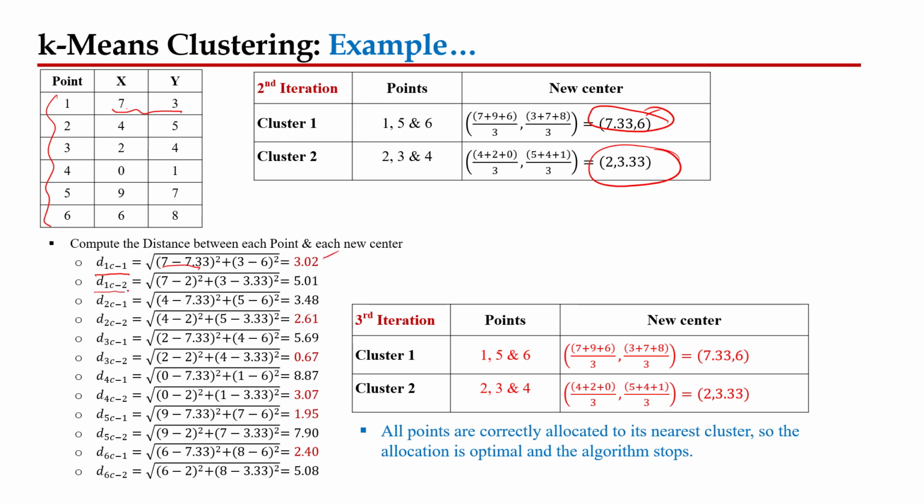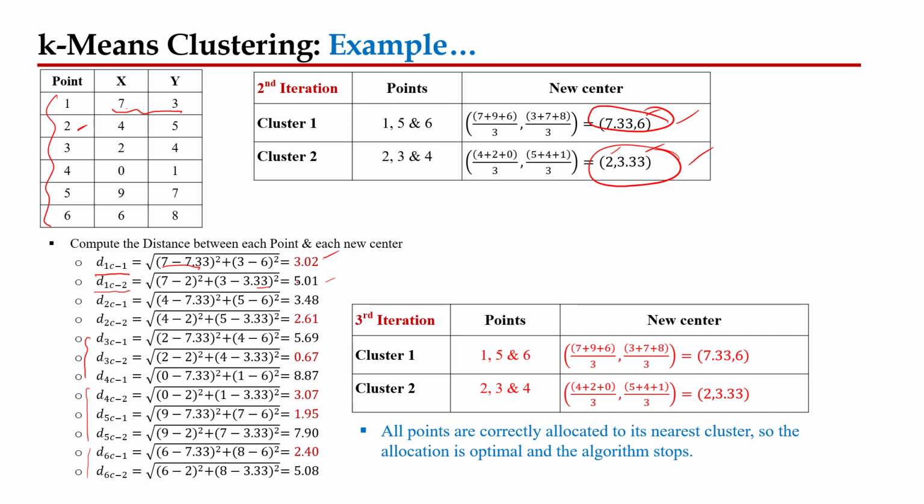Similarly from point number 1 to cluster 2's center point, the distance is 7 minus 2, and 3 minus 3.33 square, taking the square root. Again we calculate from point number 2 to cluster 1's center point and cluster 2's center point, and similarly for 3, 4, 5, and 6.